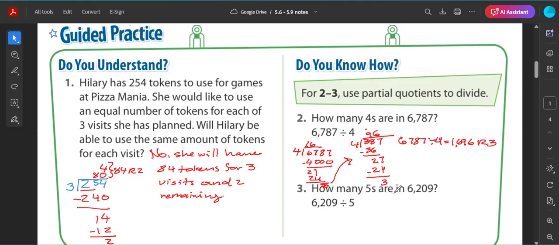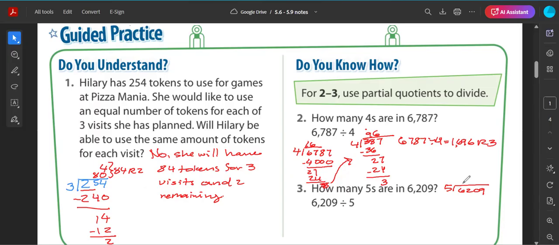And then how many 5s are there in 6,209? So again, I'm going to put my 5 over here because I want to have space. 6,209. I know 5 can go into 6,000 at least 1,000 times.